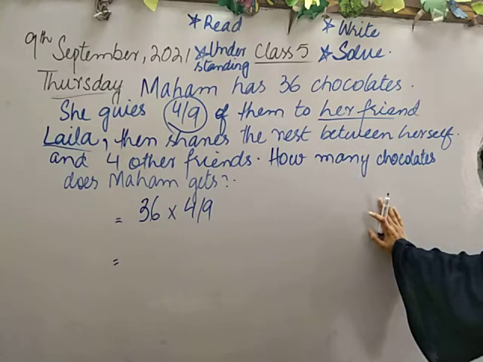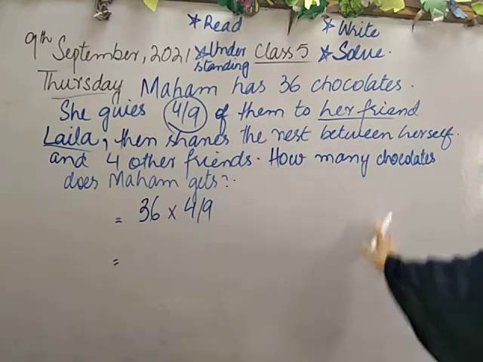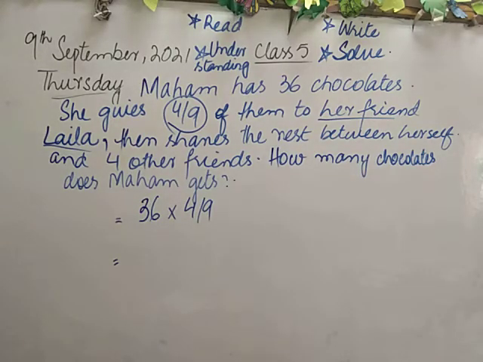Is it clear? Okay. Now through this we will find how many chocolates she gives Laila. So क्या होगा हमारे पास जो फ्रैक्शन बनेगा वो क्या होगा, 36 multiply by 4/9.